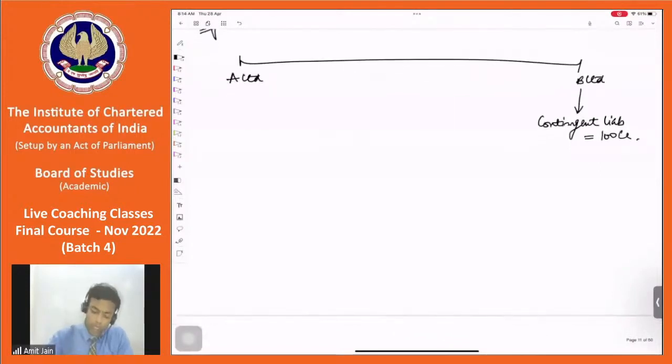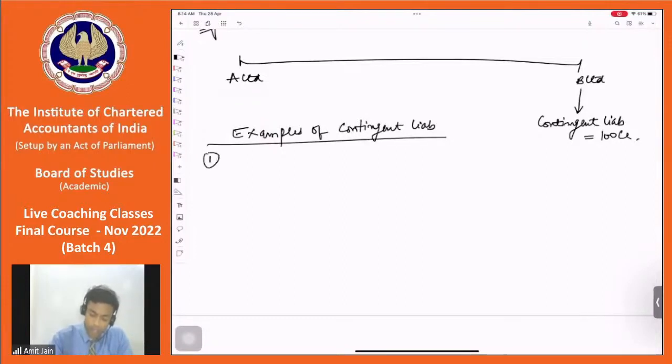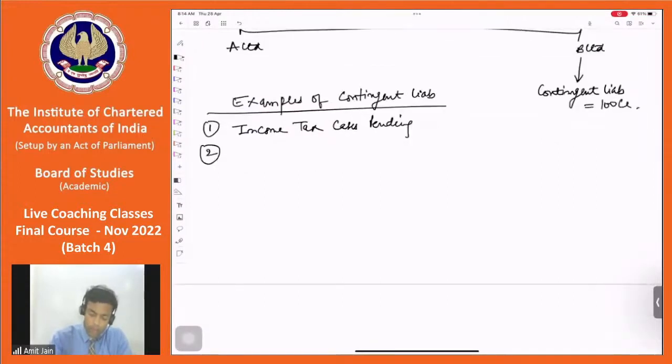Correct? What is the example of contingent liability, guys? Quickly give me the examples of contingent liability. Income tax cases pending. Pending GST cases.